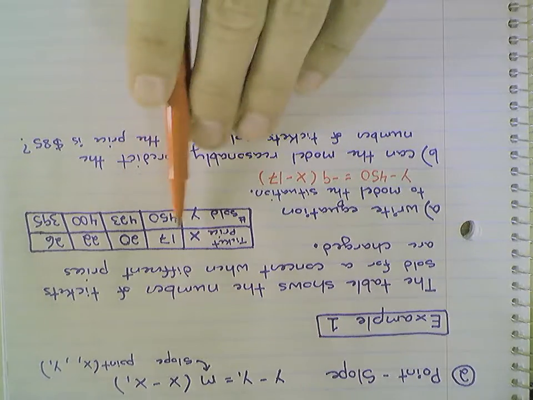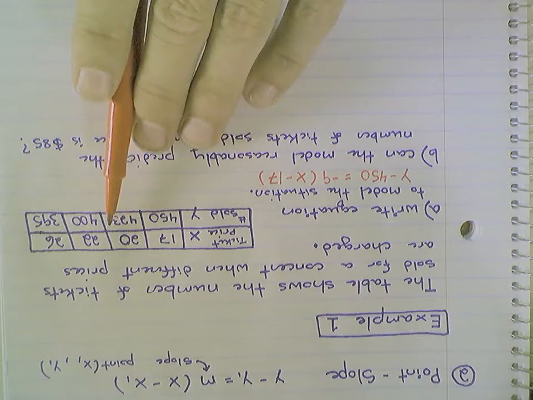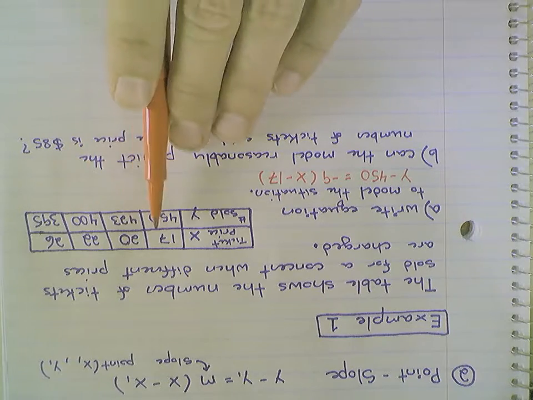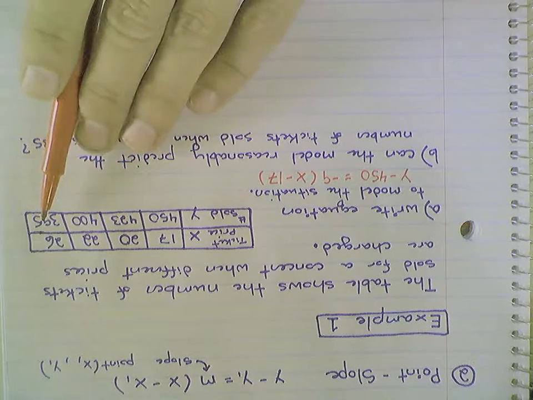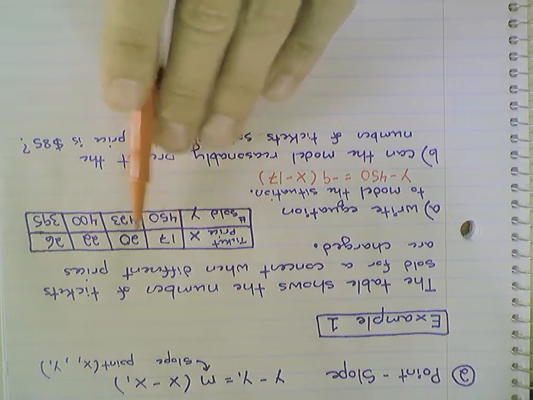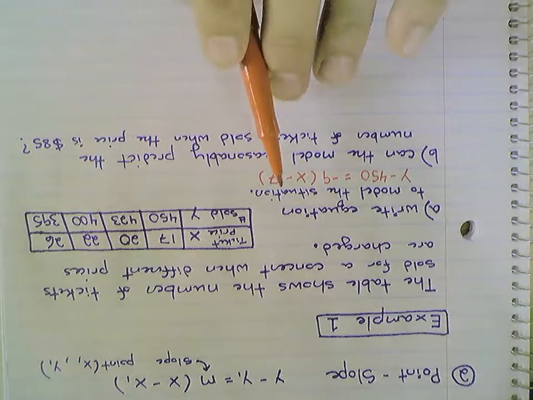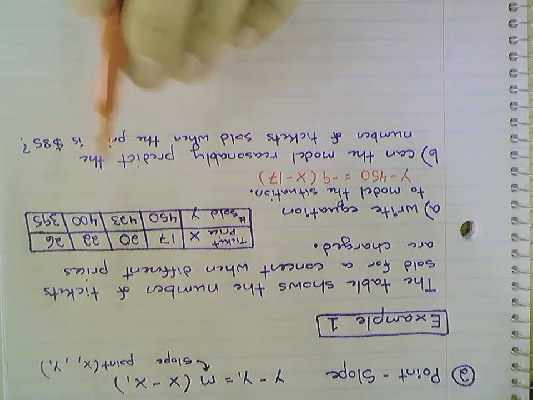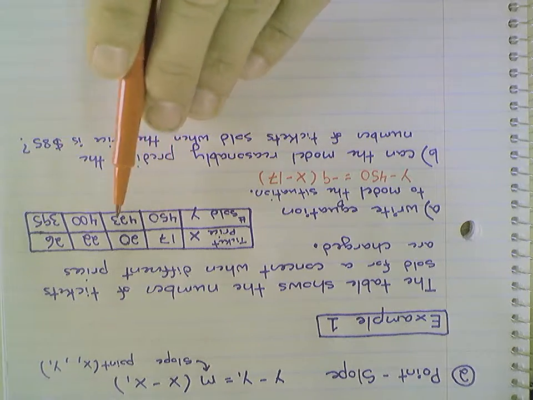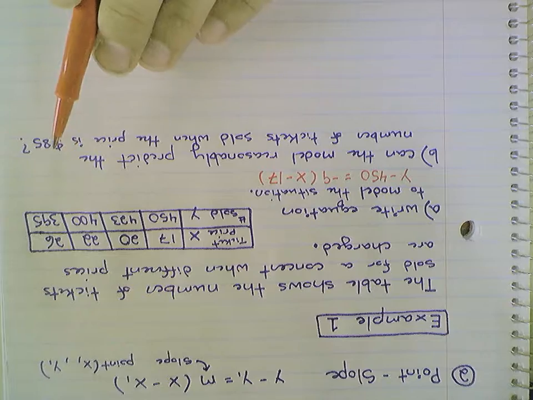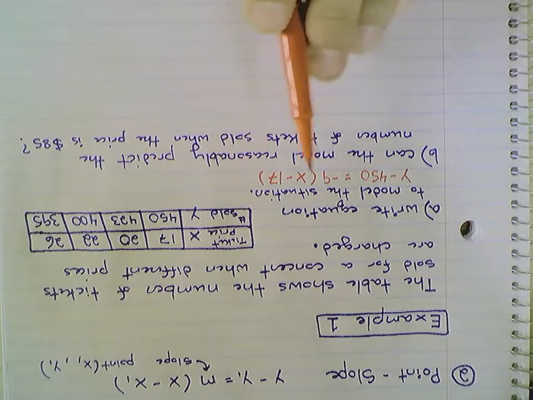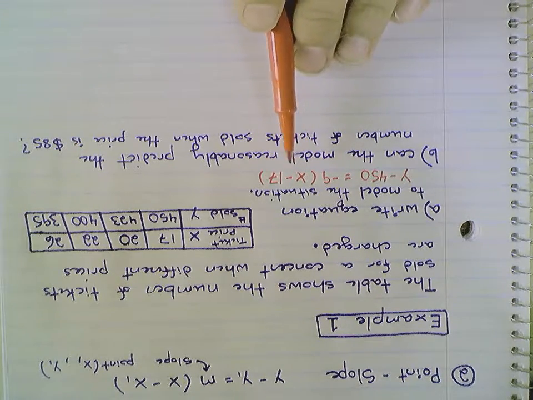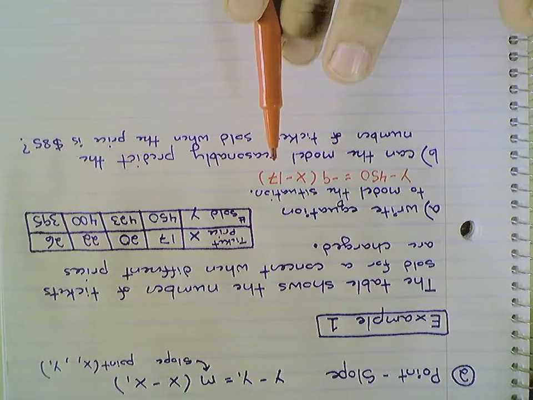If we look at the ticket prices we used to make the model, they're 17, 20, 22, and 26. None of those prices are very close to $85. Because the model is based off low prices compared to $85, we cannot predict very accurately how many tickets are going to be sold based on our model.